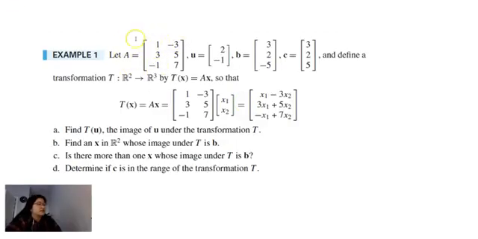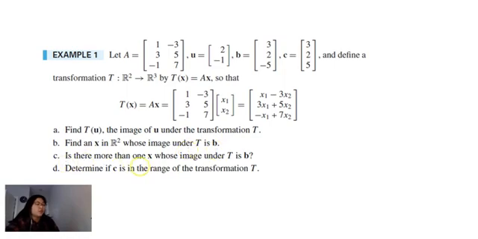So looking at this matrix A, we have a vector u in R2, vectors b and c in R3. And let's define a transformation T that goes from R2 as its domain to R3 as its codomain by multiplication by matrix A. So we need to find T of u, the image of u under our transformation T. Find an x in R2 whose image under T is b.